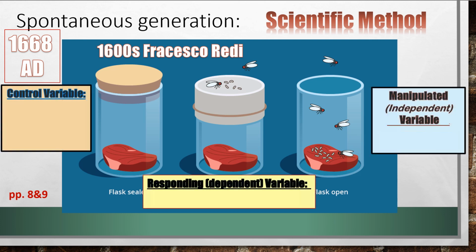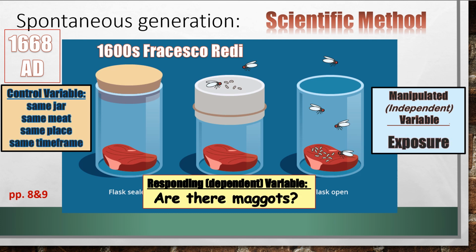Through this experiment, then, we know we have 3 different types of variables that we need to have in our experiment. We have our control variables, we have our dependent or responding variables, and we have our independent, also known as the manipulated variables. The controls are everything in an experiment that must stay the same. The independent or the manipulated is the one thing that we're changing.